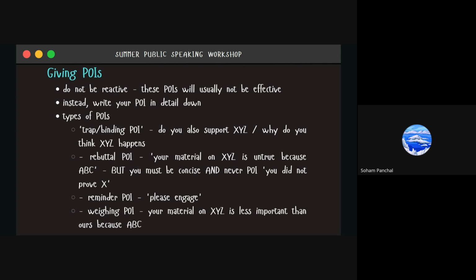There are different types of POIs which are given or taken. Sometimes they just ask to break your flow, or they ask as a trap. For example, if you're stating something about alcohol, someone could ask a POI: you support alcohol, so do you also support taking drugs?